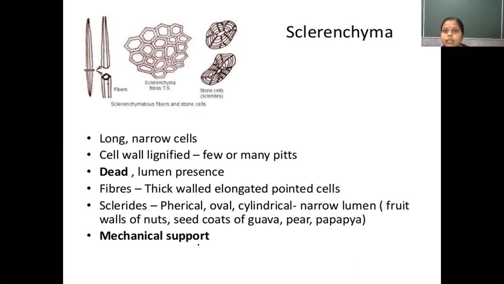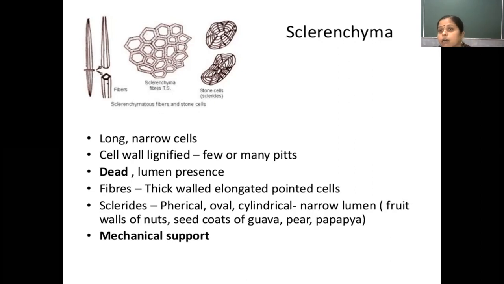It is commonly called dead mechanical tissue. Why? Because the cells are dead and it provides mechanical support. Hence they are called what? Dead mechanical tissue. They are very hard in appearance.